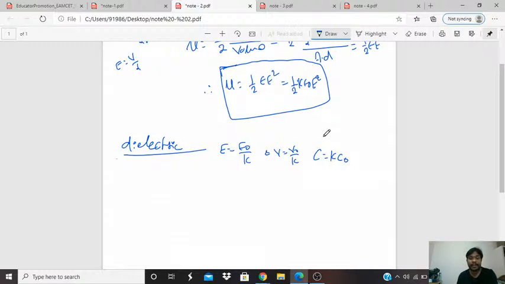Increases by k times. But potential and electric field, sorry. Are you there? Yes, are you there now?